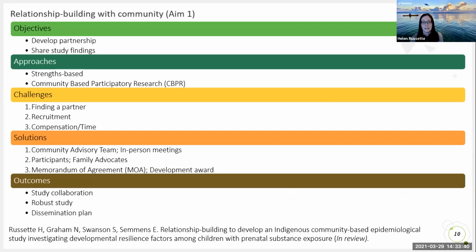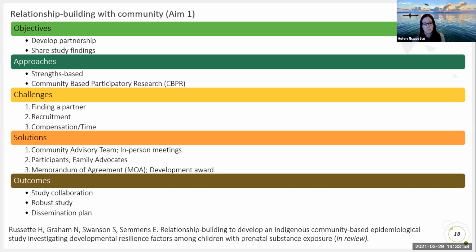And we applied both strength-based and CBPR approaches to this work, and those approaches, in fact, led to us creating the smaller qualitative study. And we experienced challenges and solutions.